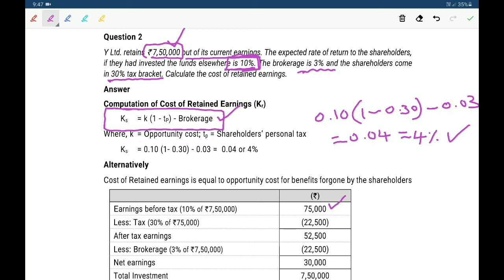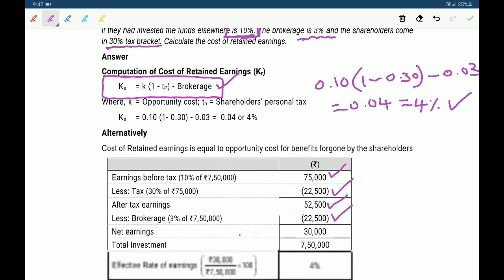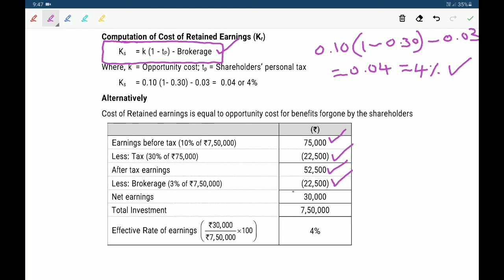Next we have to reduce tax, 30%. 75,000 into 30% gives 22,500. The profit after tax is 52,500. Next we have to reduce 3% brokerage. 3% is calculated on the entire value, 7,50,000, so 22,500 is the brokerage. It gives net earnings of 30,000.